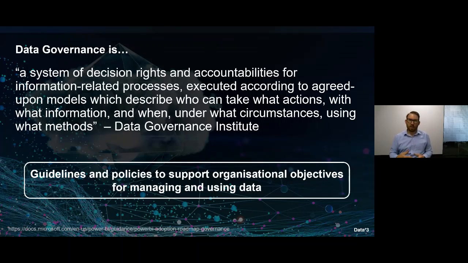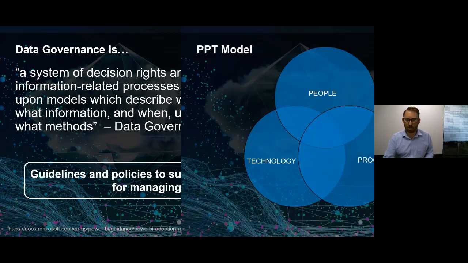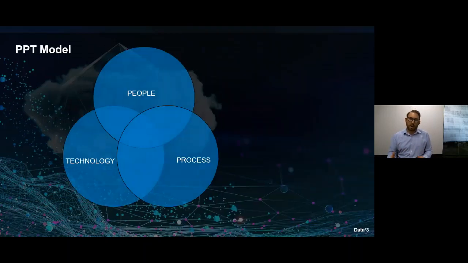With that in mind, we think about the data governance required to really help you be successful with data aligned to the outcomes you need. One way to think about it, if you're familiar with the PPT model, which is a people process technology model, which has been around for a very long time in the IT industry, is what does success with new solutions or systems look like.